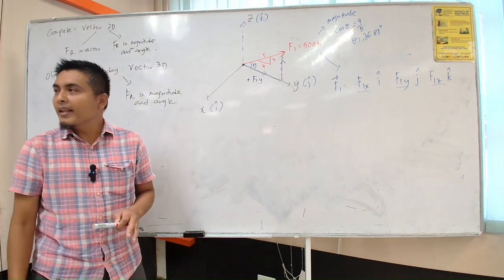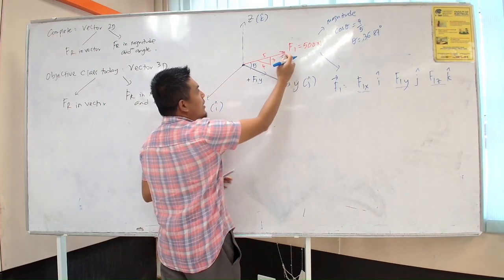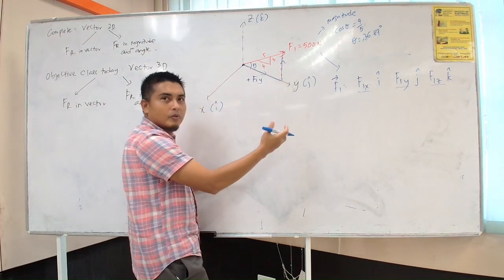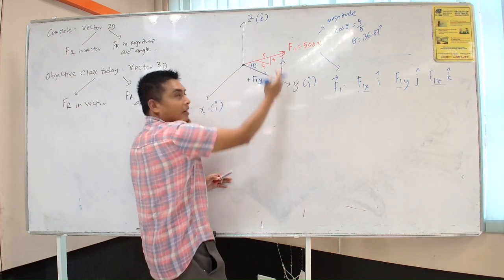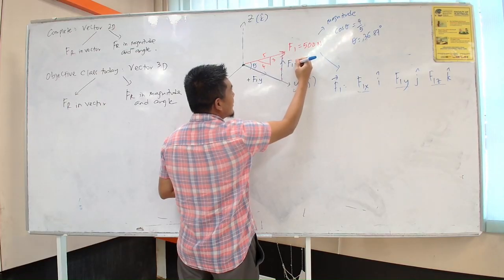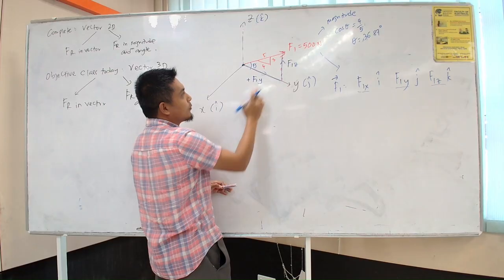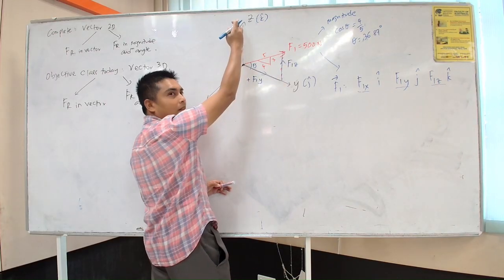And then after that, it goes up. When going up, what direction? Similar with the z direction, so we name it F1z. Is it positive or negative? Positive because same direction with the Z.